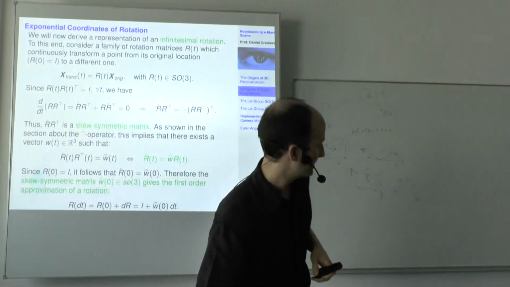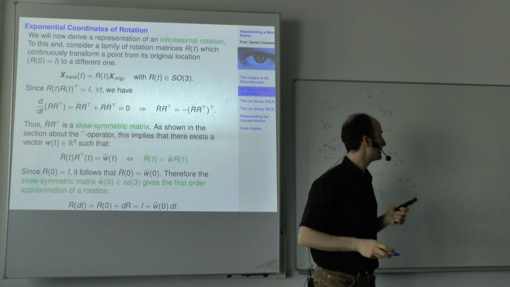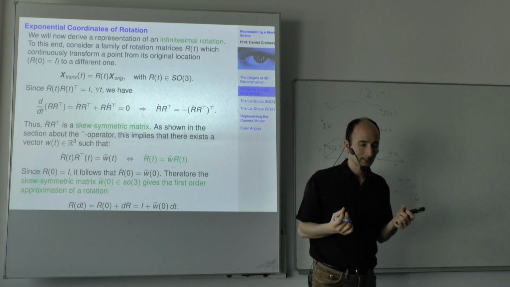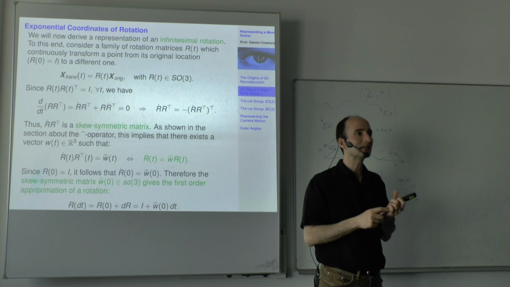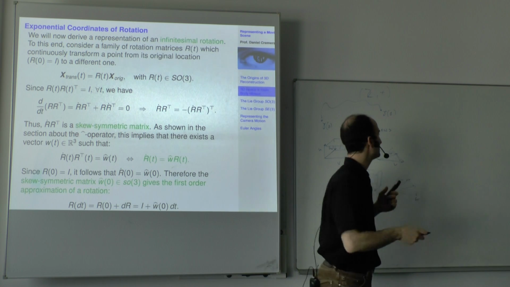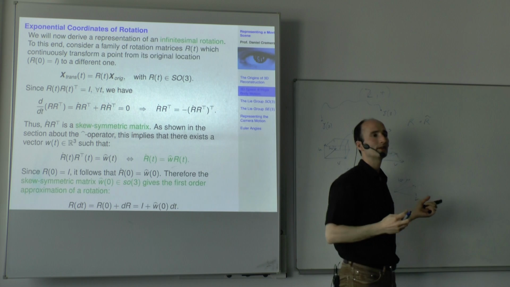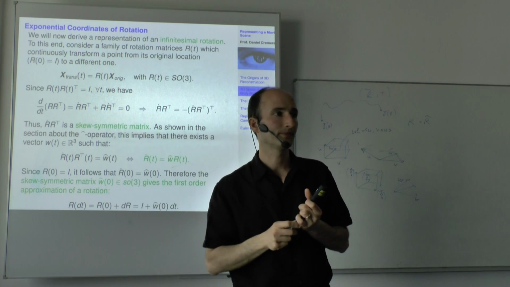Well, the reason is that rotations are a bit nasty to represent. If you draw this group, the rotations have 3 degrees of freedom, but it's not a linear space. Meaning, if I take two rotation matrices R and R tilde, and I sum them, typically what I get is not a rotation matrix.